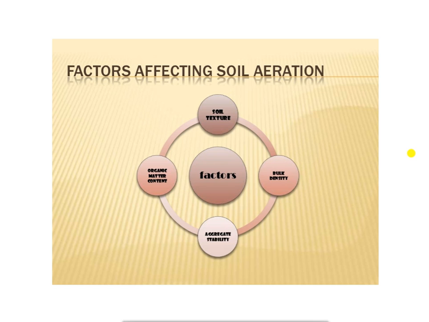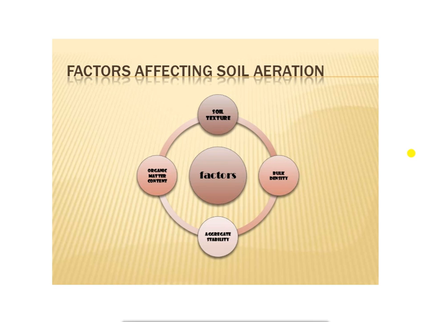Bulk density. It increases with pore space. When bulk density is high, pore space is high. Aggregate stability has to do with absorption of moisture. When it is at moist level, there will be more rapid movement of gases between soil air and atmospheric air.